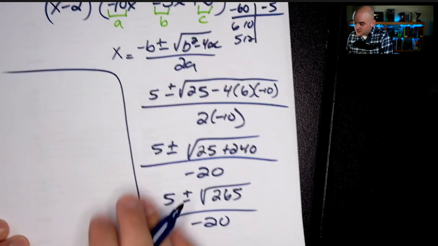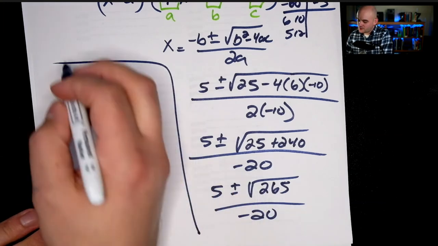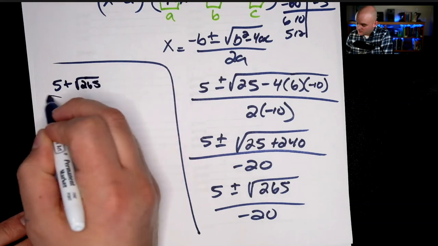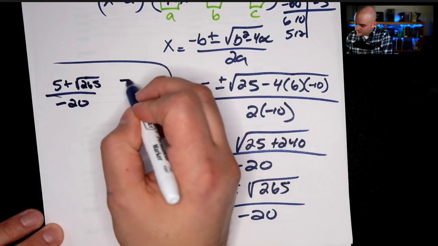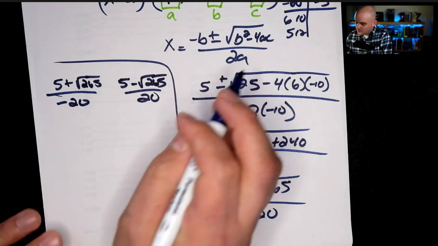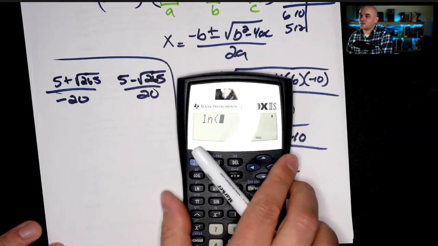I'm just going to use this space right here instead of going to a new piece of paper. And so we've got 5 plus the square root of 265 over negative 20. And then we've got 5 minus the square root of 265 over negative 20. And here's a case where we don't use the calculator much in this class, but here we can.